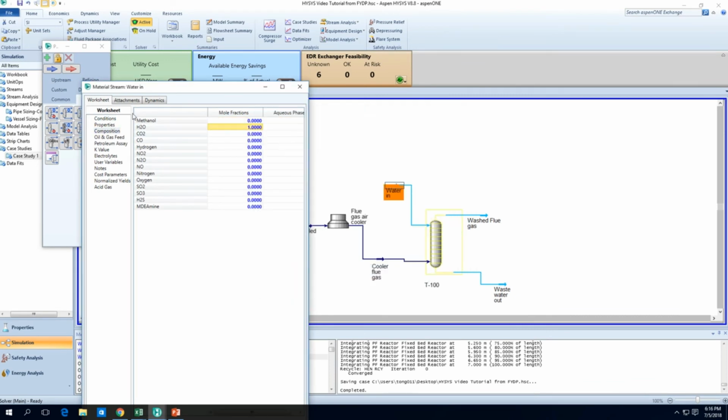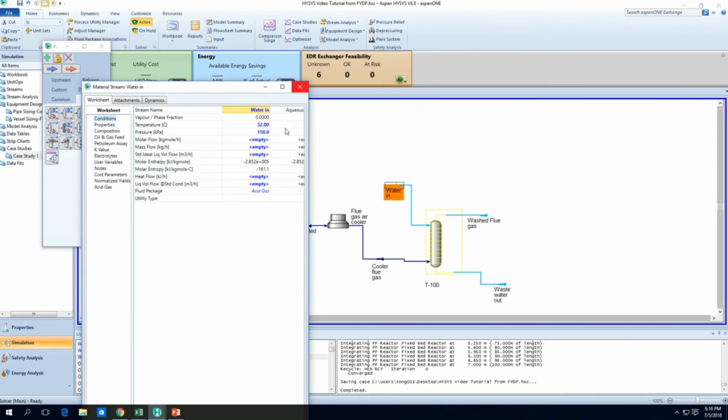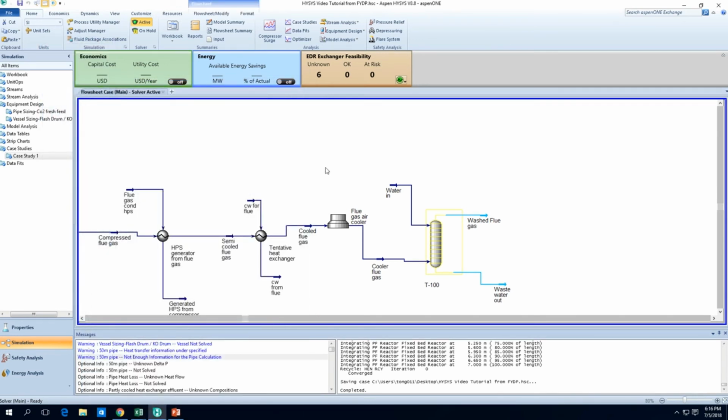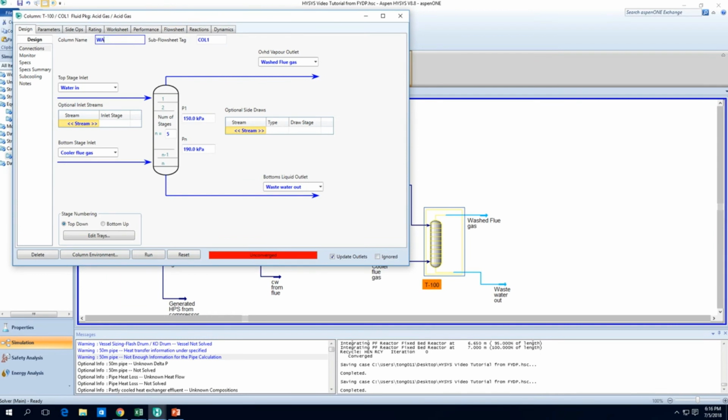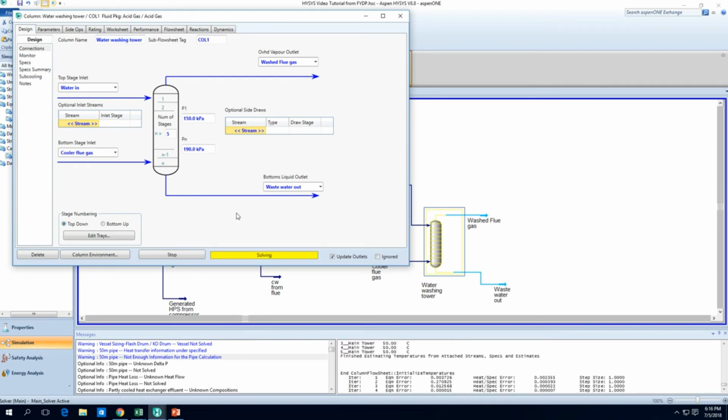Okay, so that's washing water, and we're going to give it a molar flow, give and take 3000 first. Then we're going to call this the water washing. Okay, let's try and run to see whether this thing can converge.